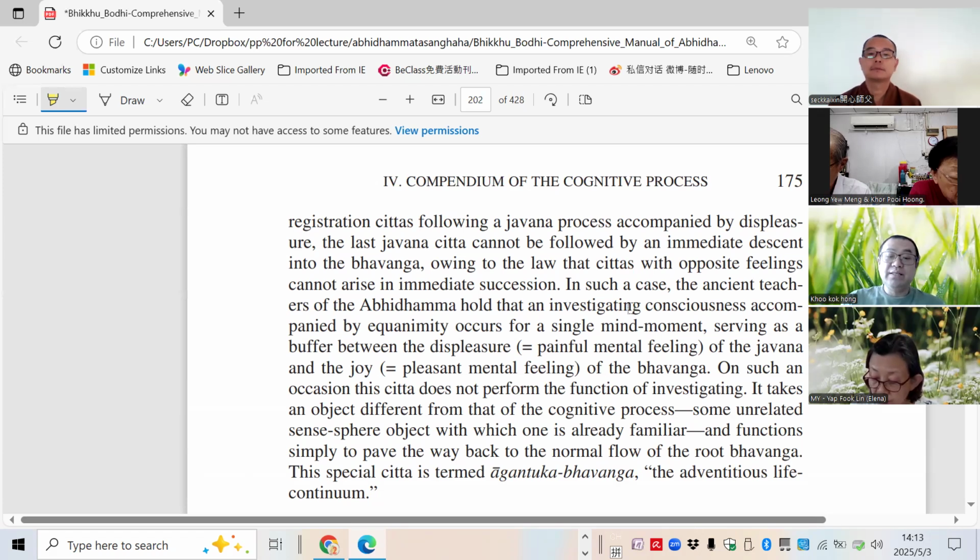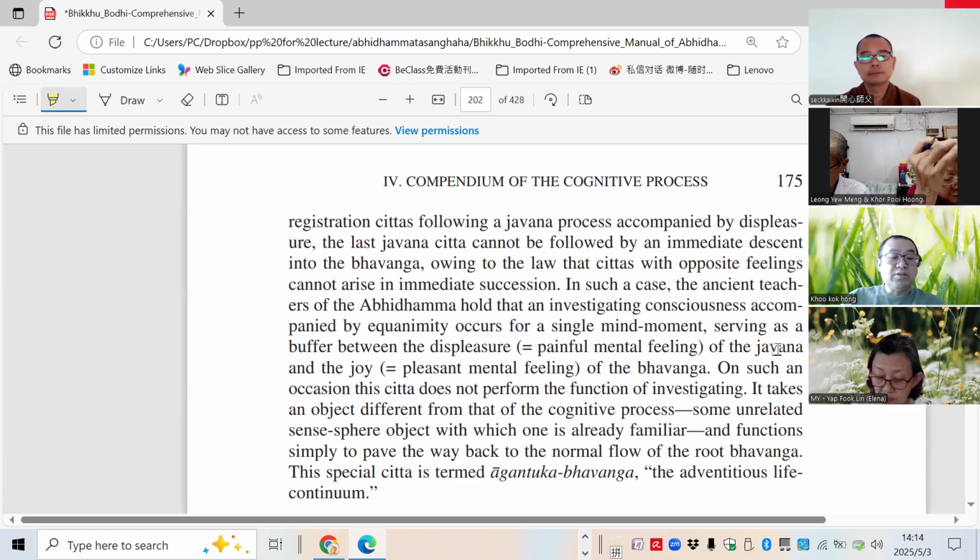In such a case, the ancient teachers of the Abhidhamma hold that an investigating consciousness accompanied by equanimity occurs for a single mind moment, serving as a buffer between the displeasure, the painful mental feeling of the javana, and the joy, the pleasant mental feeling of the bhavanga.